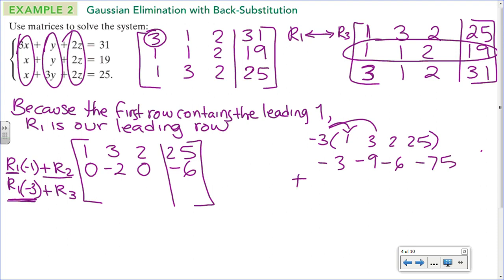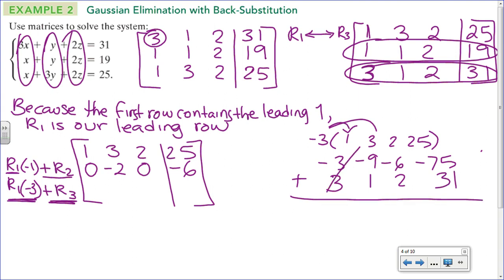And then we're going to add R3. R3, taking it from here. 3, 1, 2, and 31. So that would be 0, negative 8, negative 4, and I need your help.